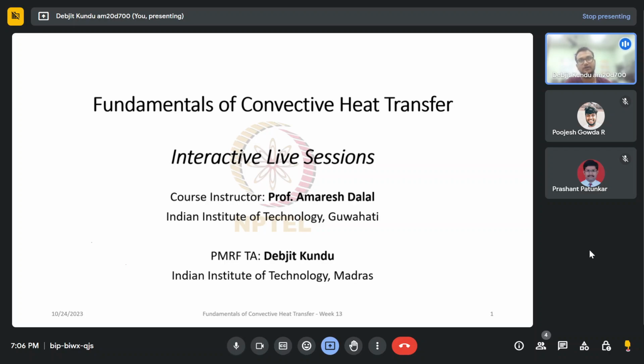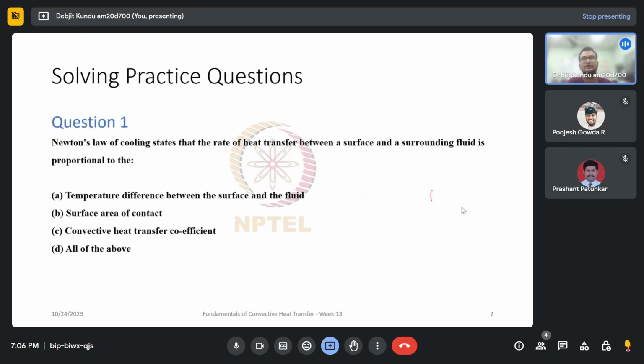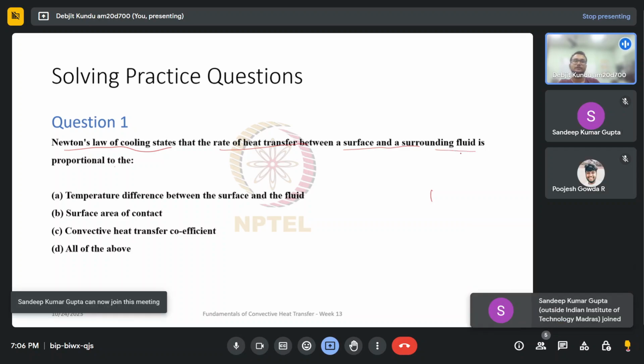All right, so without any further ado, we will get started with question number 1 of today's session, which is asking us that Newton's law of cooling states that the rate of heat transfer between a surface and a surrounding fluid is proportional to what?